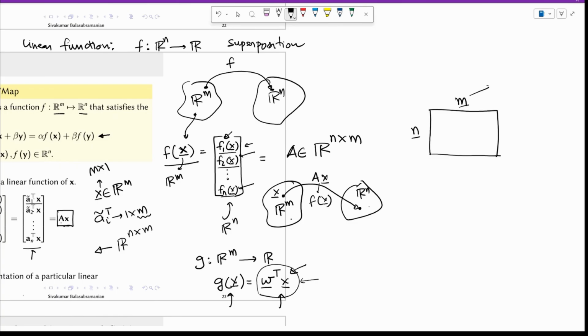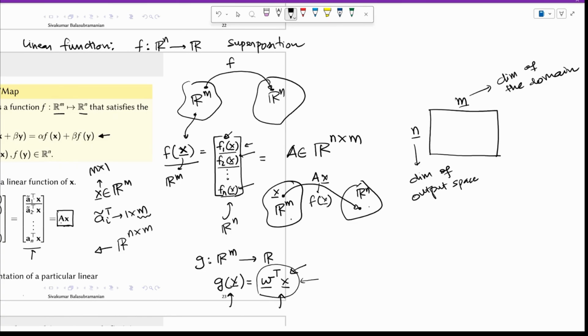That means m is the dimension of the domain, the input space of the linear transformation, and n is the dimension of the output space.